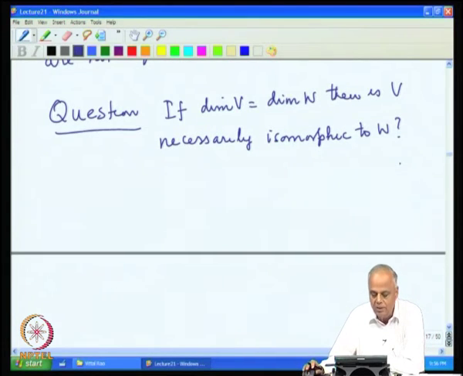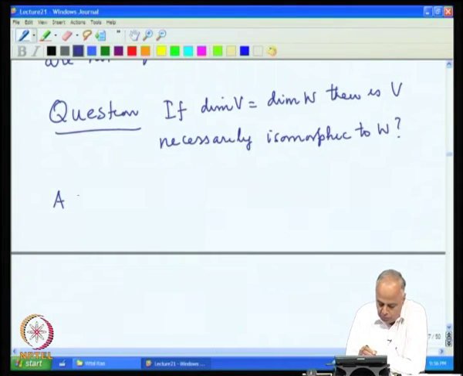Now, before we answer this question, let us look at a very simple property of such isomorphisms from two spaces of equal dimensions. So, a simple property.